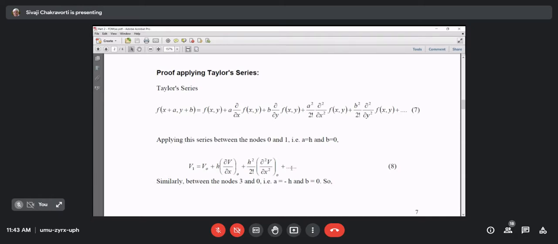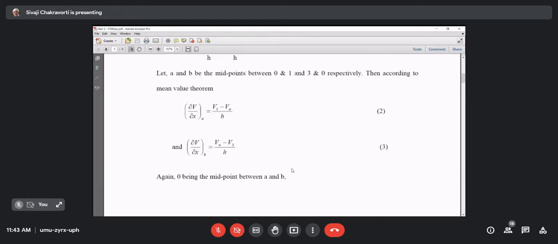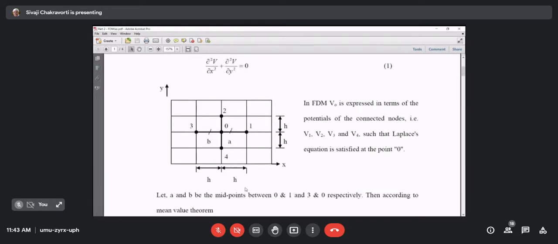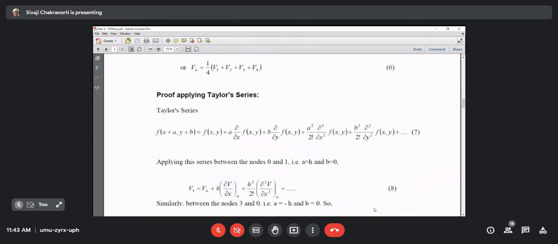How? It is like, say, coming to this figure. Now I am going to apply Taylor series between 0 and 1. By the way, Taylor series is applicable for not very large distances, but for smaller distances. That is equation 8. If I apply this between 0 and 1, then how does it look?